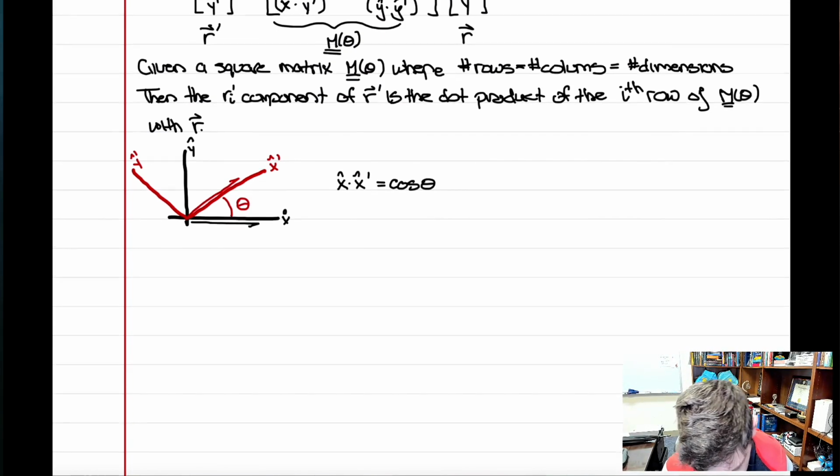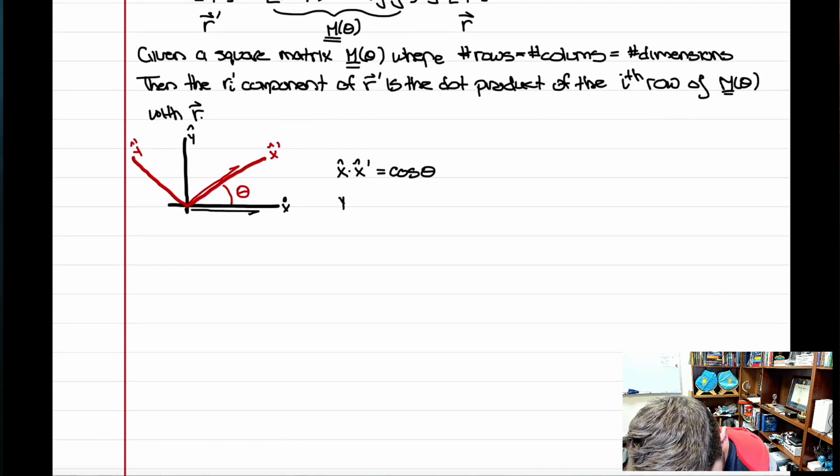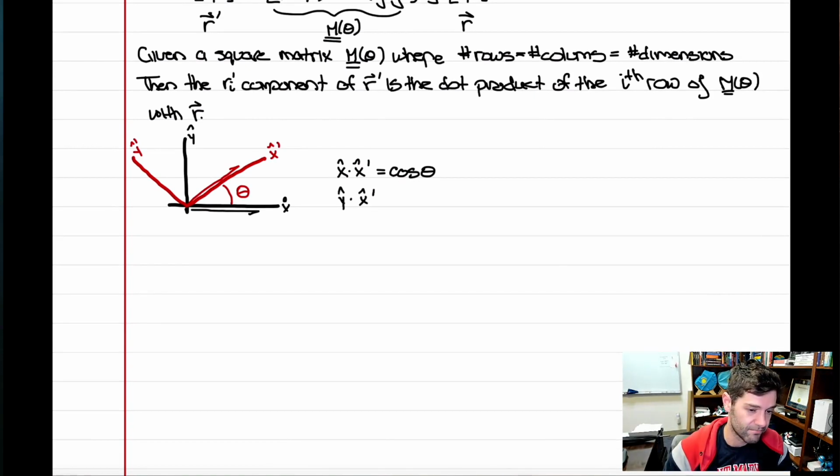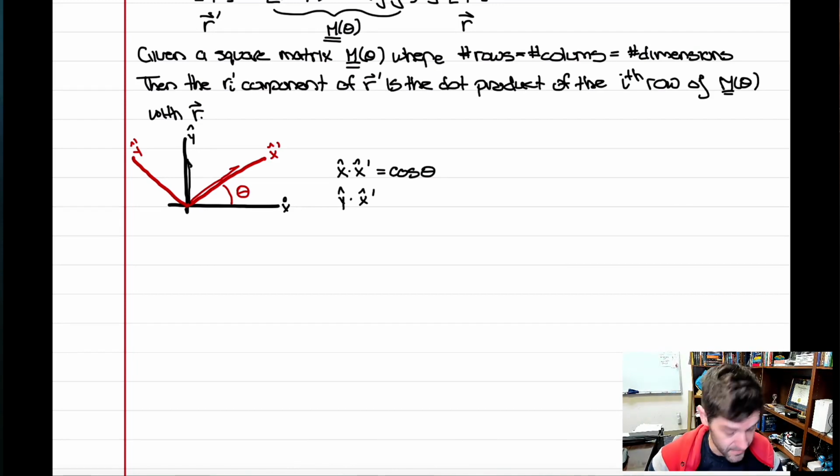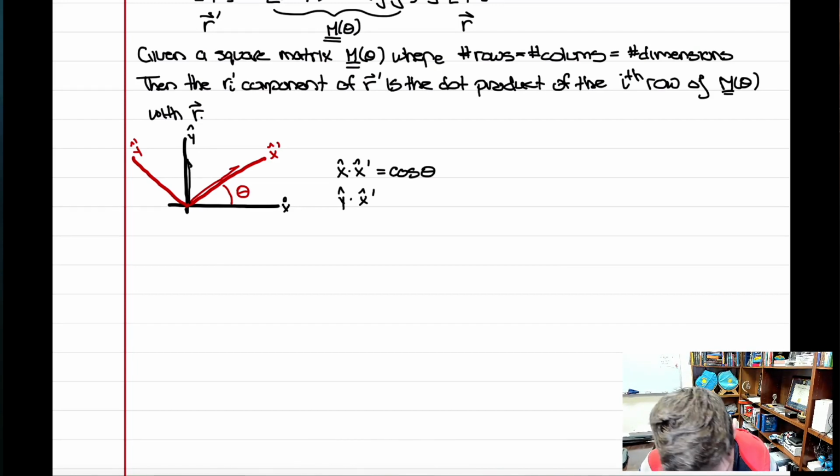All right, all well and good. But what about y dotted with x dash? Well, in this case, we still have the x dash, so I'll keep that. But now the vectors we're looking at are this unit vector and the other unit vector here. So the angle between them in this case is not theta, but whatever this phi is here.